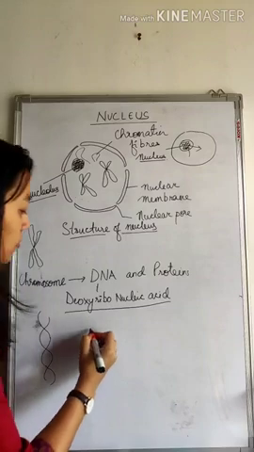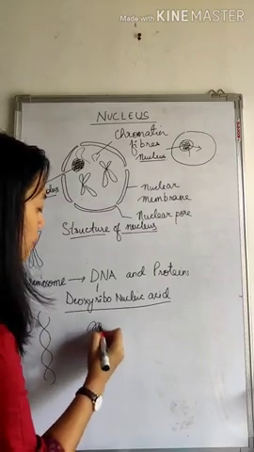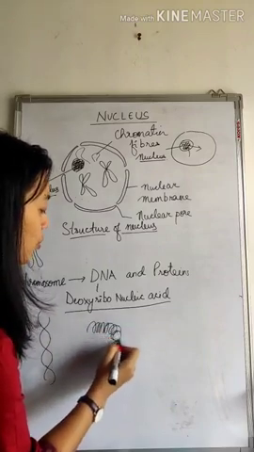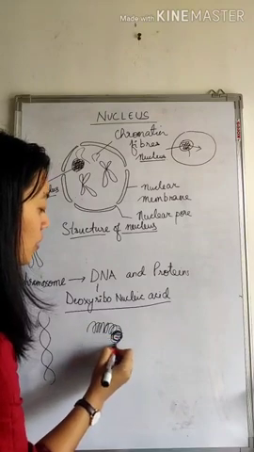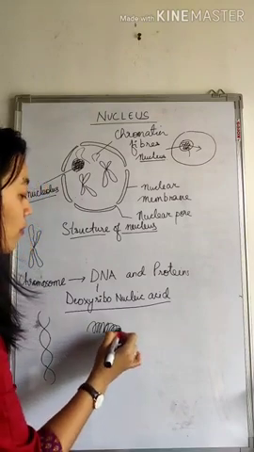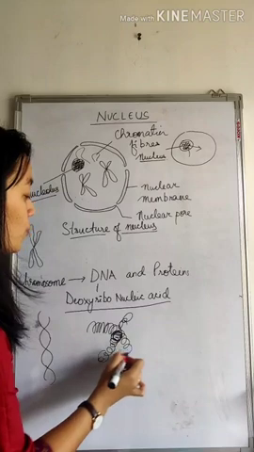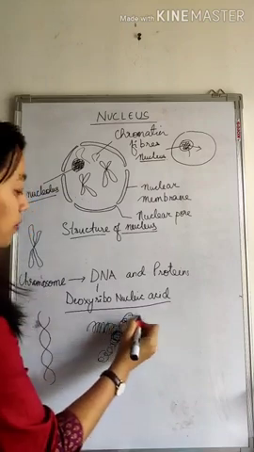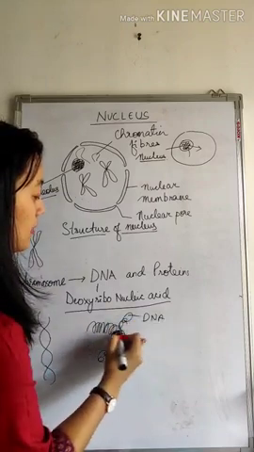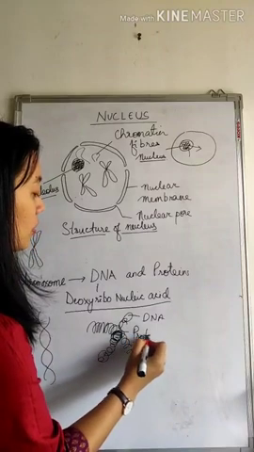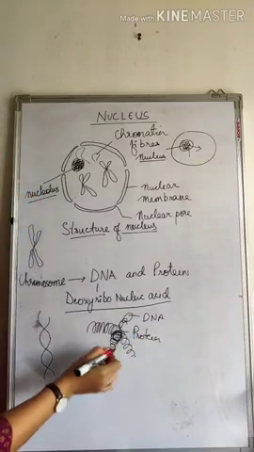This helical structure of DNA is coiled in certain protein, and they form the chromosomes. Okay, for example, this is a DNA and this is certain protein. So they form the chromosome.